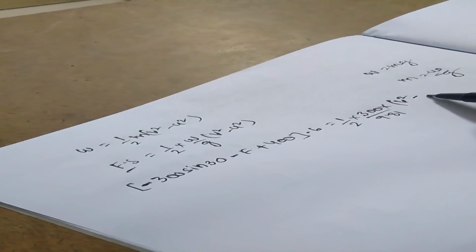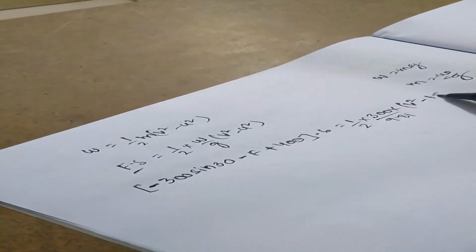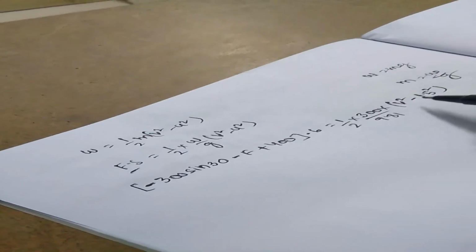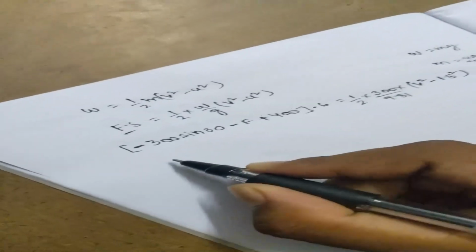U is given as 1.5 meter per second, so u square is 1.5 square.